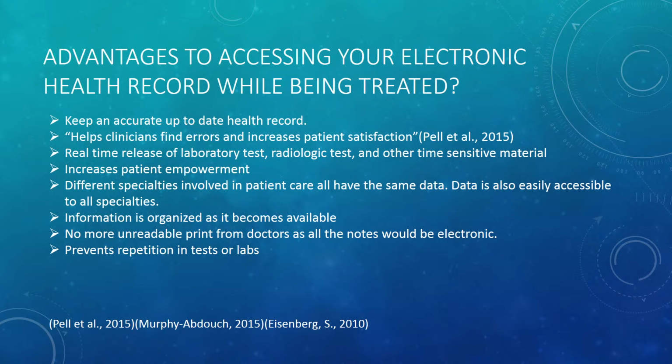Next is it helps clinicians find errors and increases patient satisfaction. So if the clinicians go over things found in the chart, the patient can also find errors when they review the chart, and it just helps make a patient happier because they feel in control.